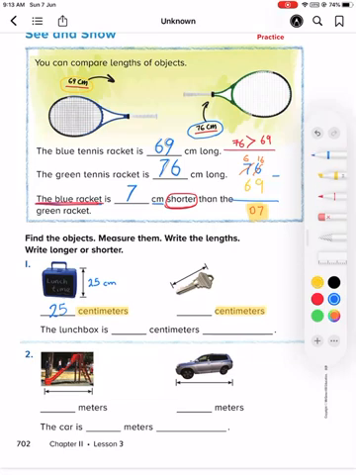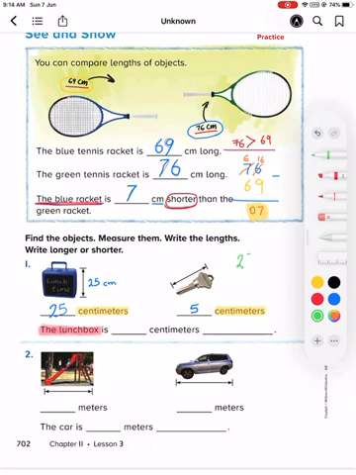That's good. How about the keys? I measured my keys and they are 5 centimeters. Now the question is asking us about the lunchbox. We want to know the difference between the lunchbox and the key height and which one is longer or shorter. Let's get started.